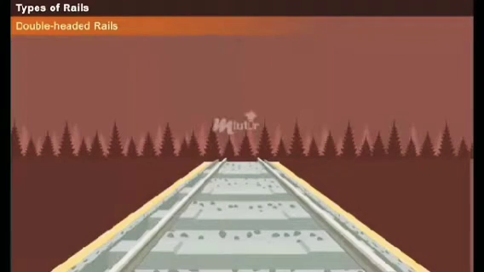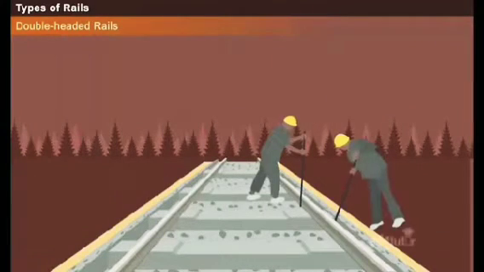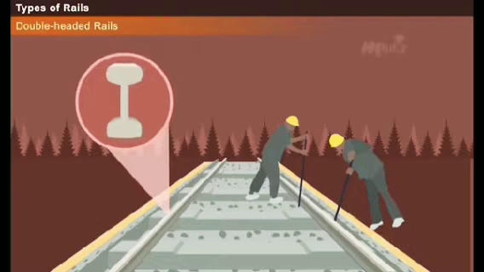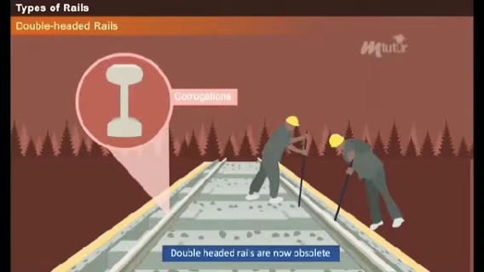These rails were widely used in olden days, believing that if the rail head gets worn out, the rails could be inverted and reused. But it was later found wrong because along with the head, the foot also got corrugated under the impact of the wheel loads. Currently, double-headed rails are obsolete.